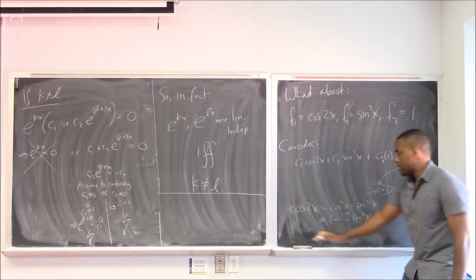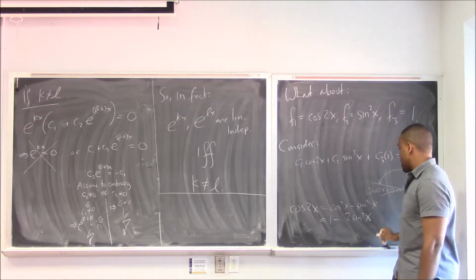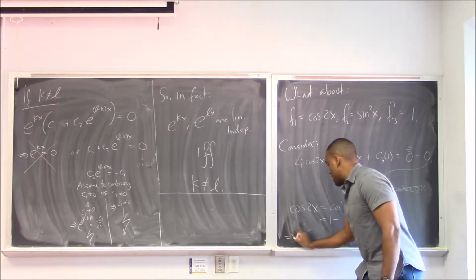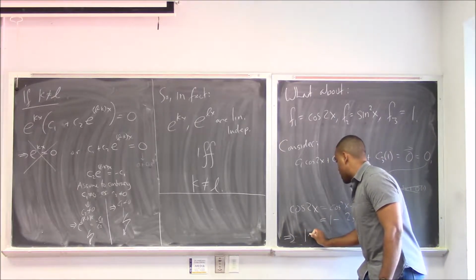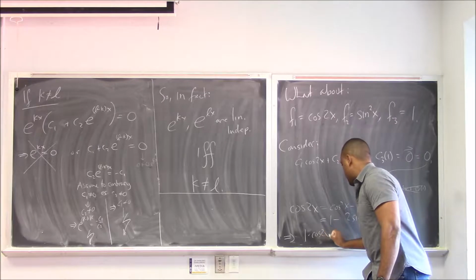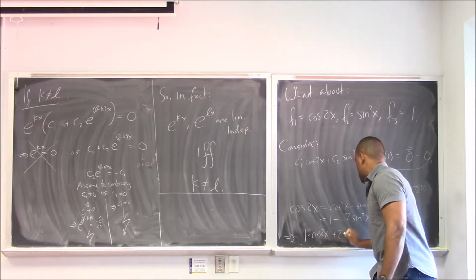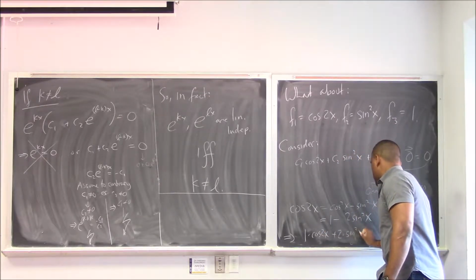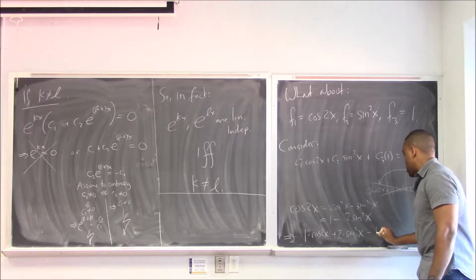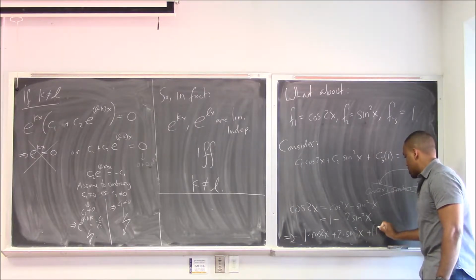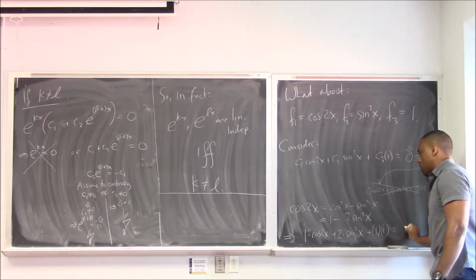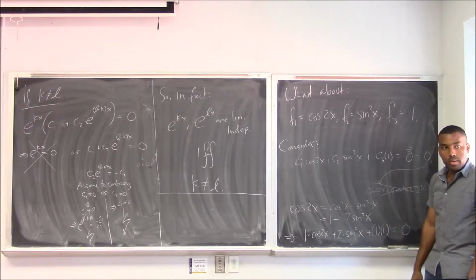But in other words, this is a trig identity, so that in fact means that if I take 1 times cosine 2x plus 2 times sine squared x minus 1 times 1, I will get the 0 function.